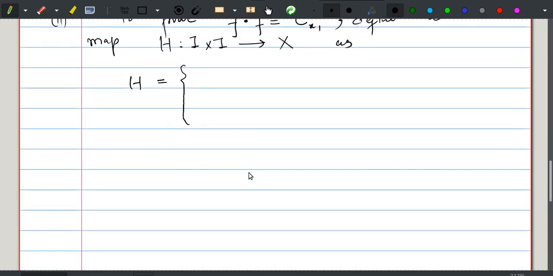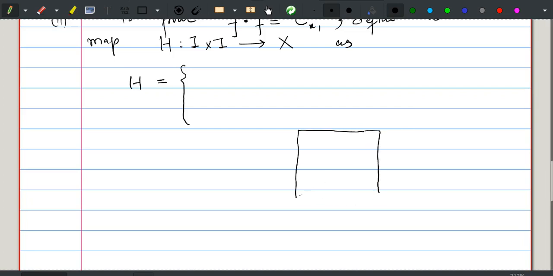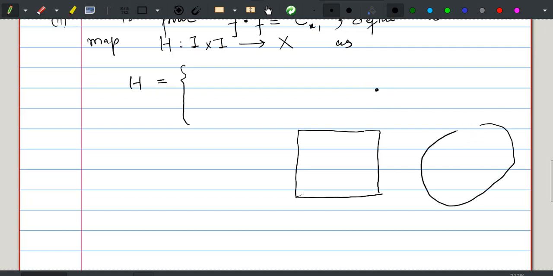So this is our path f, and these are the points x0 and x1. This is the direction t, and this is the s direction.